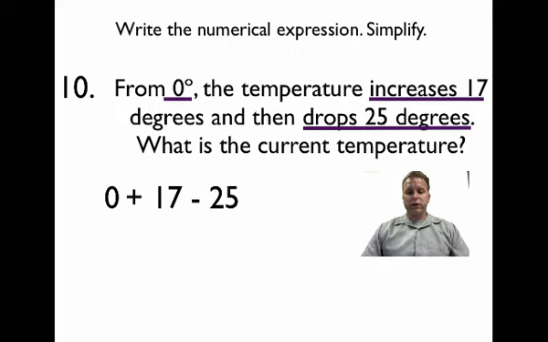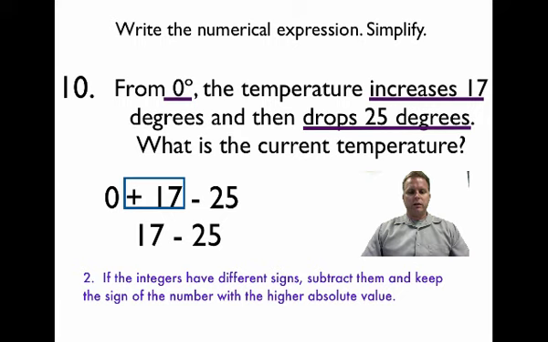So there's the start of our numerical expression. And we've got a positive 17, which combined with the 0 gives us 17. Here they have different signs. So we'll subtract, and we end up at negative 8 degrees.